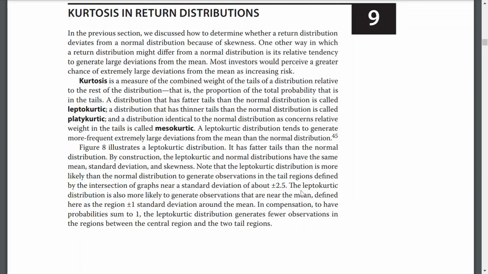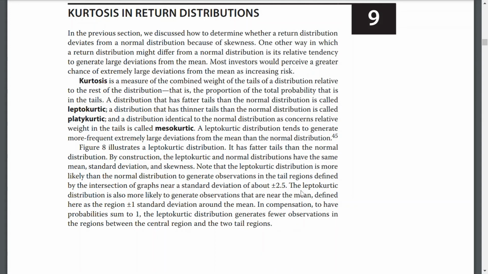The leptokurtic and normal distributions have the same mean, standard deviation, and skewness. Note that the leptokurtic distribution is more likely than the normal distribution to generate observations in the tail region defined by the intersection of the graphs near a standard deviation of about minus 2.5.